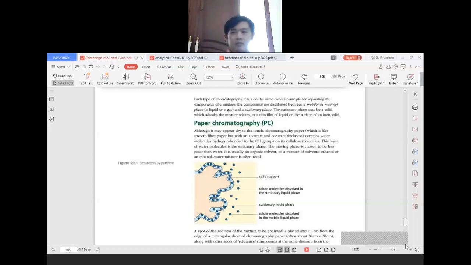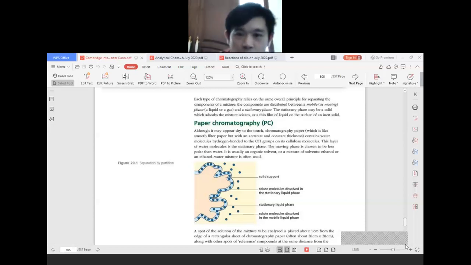Okay, the paper chromatography is made up of a layer of water molecules, which is the stationary phase. Let's read from the beginning. Although it may appear dry to touch, chromatography paper contains water molecules hydrogen bonded to the OH group on its cellulose molecules. So paper chromatography paper is made of cellulose.